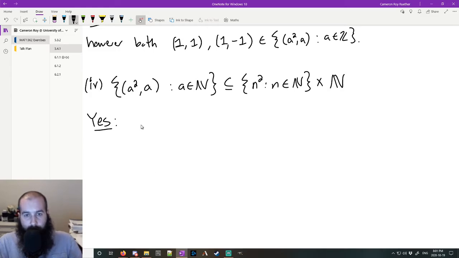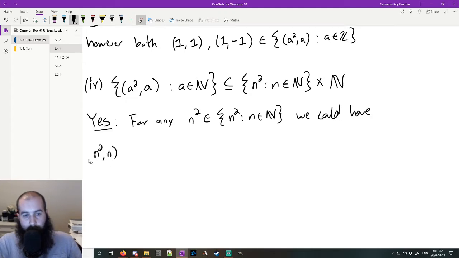And this is a function because for any element which is a natural number squared in our left-hand set of our Cartesian product, in our domain, we could have two options: (n squared, n) and (n squared, negative n) fit the pattern of (a squared, a).